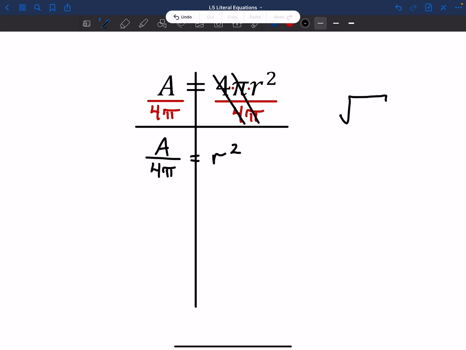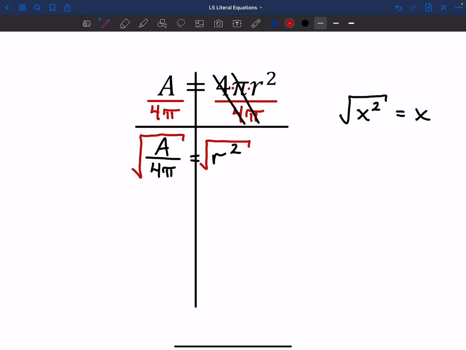So what happens with a square root is that if you put something in there that is squared, but you take the square root of it on the outside, it's just going to undo the square. So that's exactly what we're going to do here. I'm going to take the square root of r squared, and I'm going to take the square root of a divided by 4 pi.